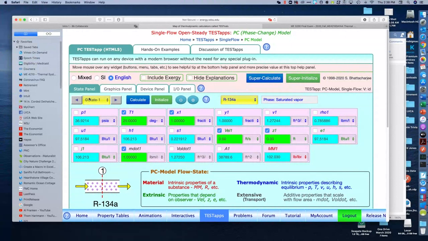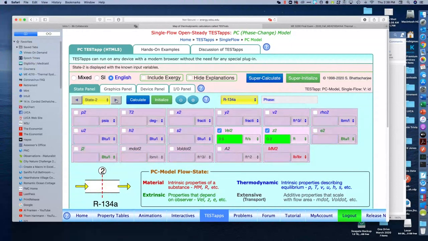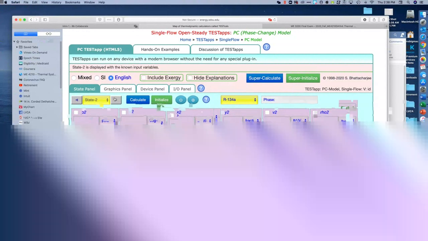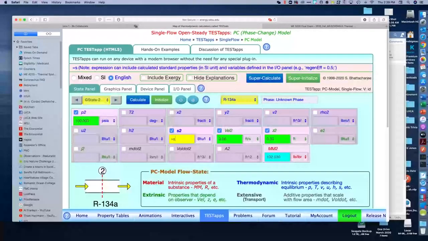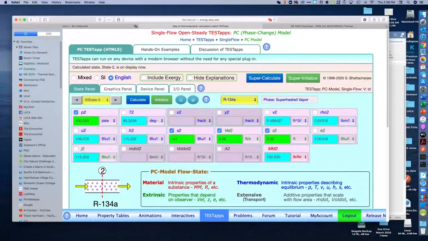And so we now need to have it go through the isentropic process. What we know in this particular case is the final pressure. The final pressure was 100 psi. Because we know that it was an isentropic process, the specific entropy that is coming out is equal to the specific entropy going in.